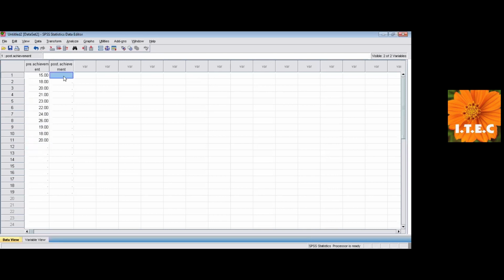Suppose post is 16, 15, 21, 19, 20, 24, 24, 28, 20, 18, and 19.